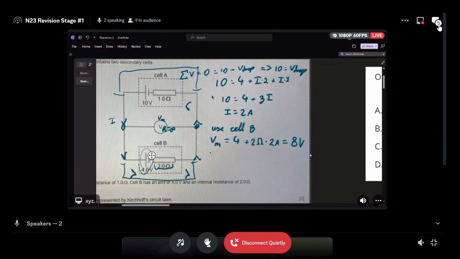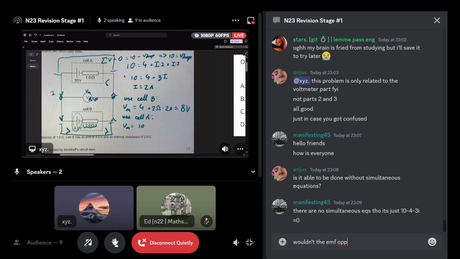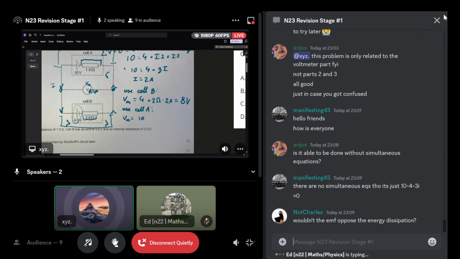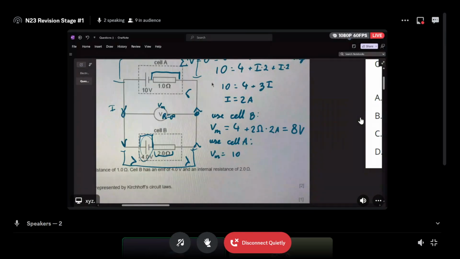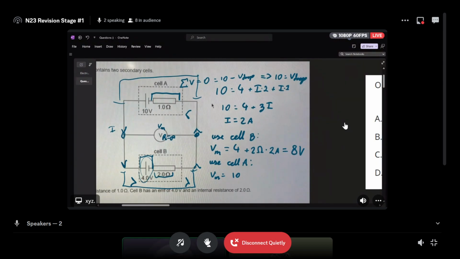Use cell A, your V measured will be equal to 10 volts, and this time you are losing potential. Before, the power source was acting as a 4-volt drop because current is moving in the opposite direction, but here the 10 volt is acting opposite to the resistor.